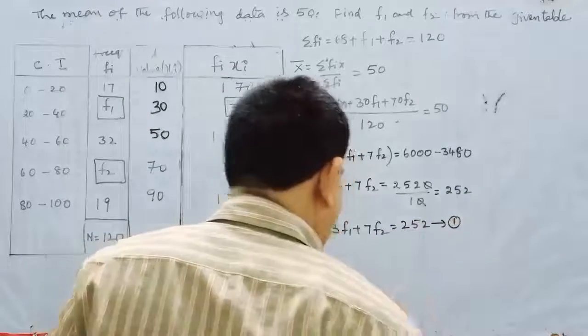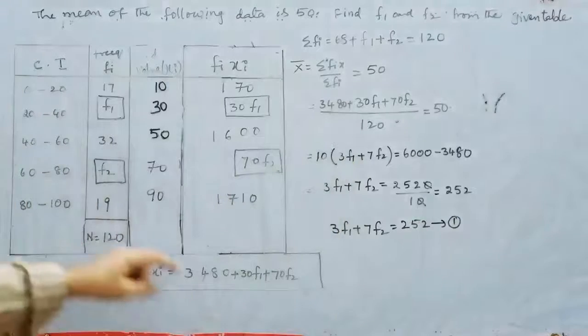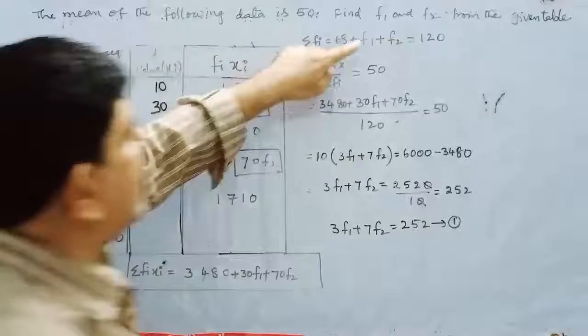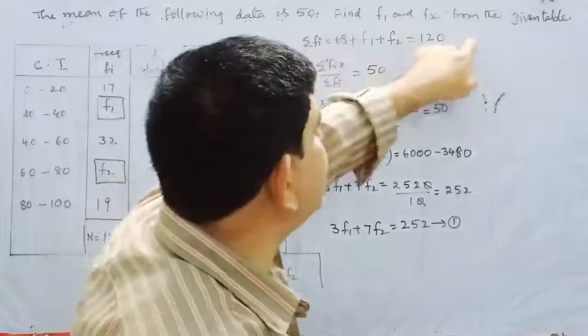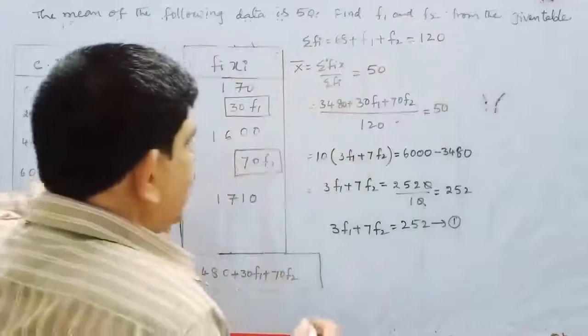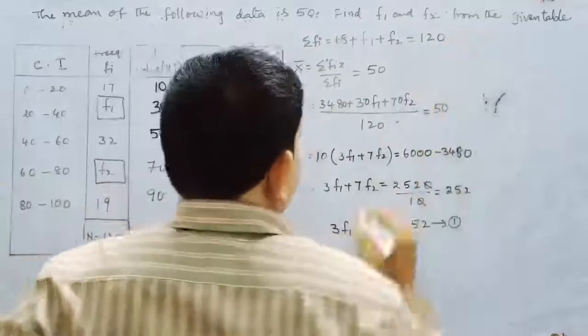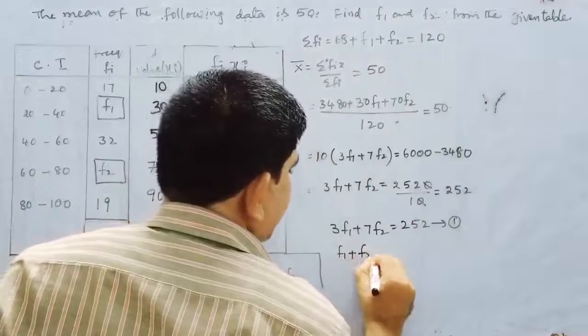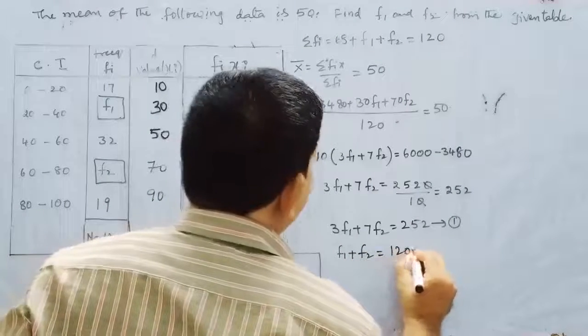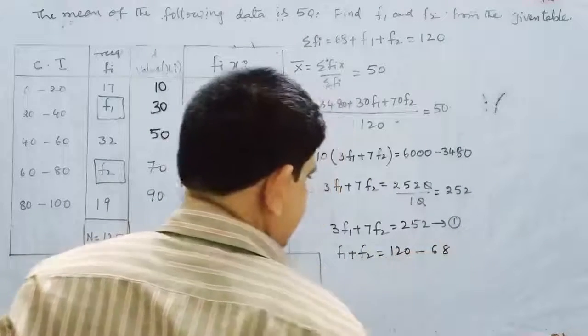This is the first equation. Now the second equation can be written as: f1 plus f2 is equal to 120 minus 68.